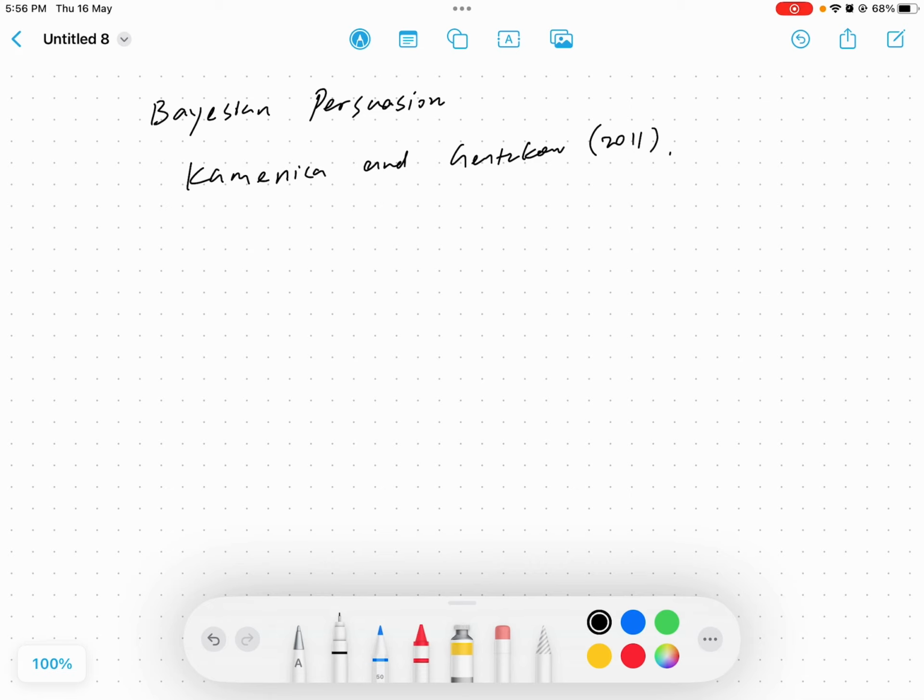Okay, so the difference between Bayesian persuasion and the cheap talk game is that in the persuasion game, we allow the sender to have some commitment power to commit to a signal, or we call it a signal structure or information structure.